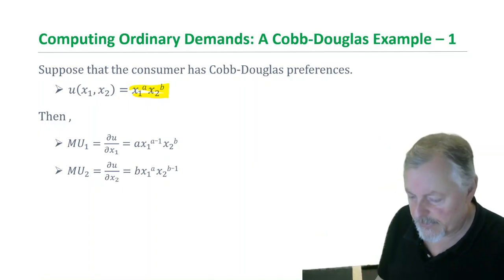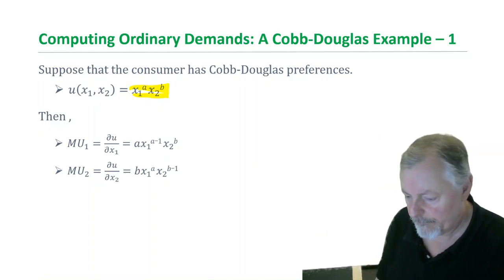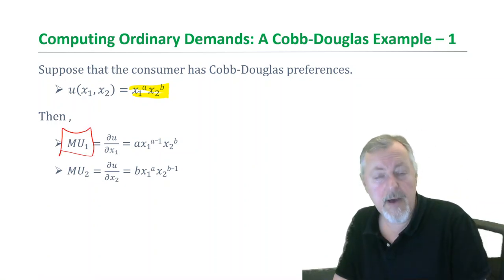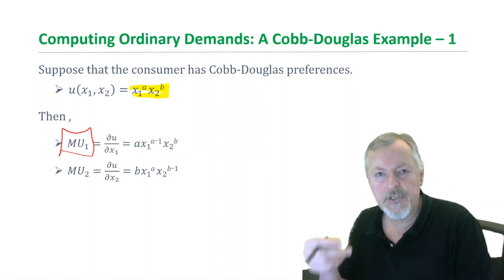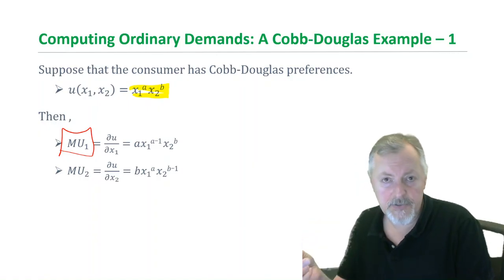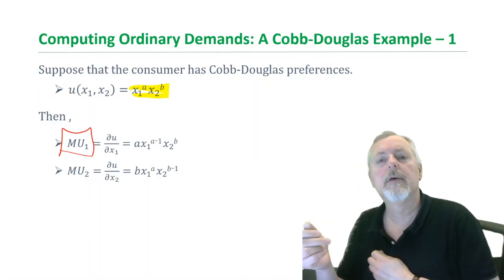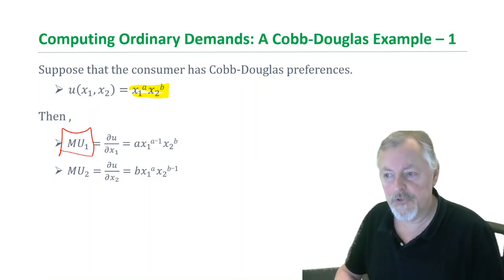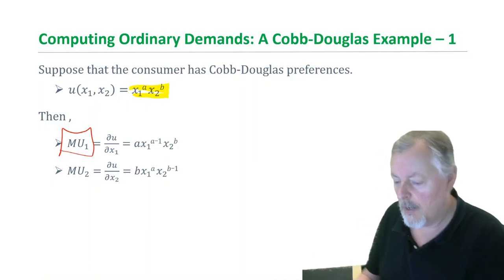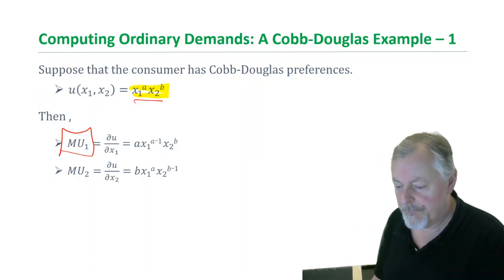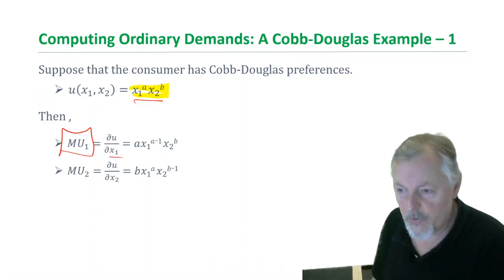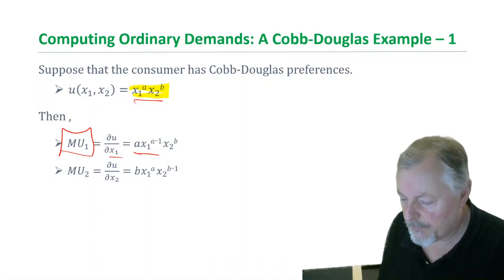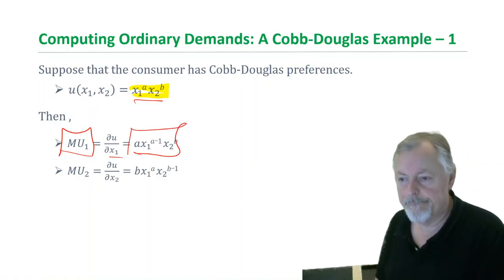The marginal utility for commodity 1, how much utility this person gets from one more small unit of X1. Well, it's the partial derivative of the utility function with respect to X1. That becomes that.